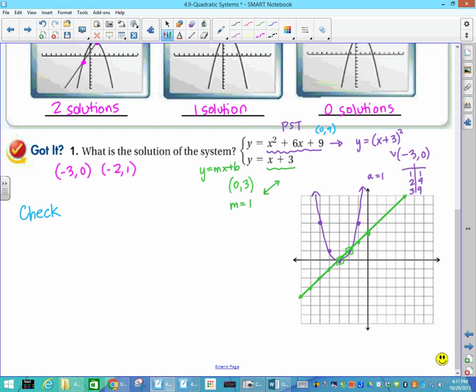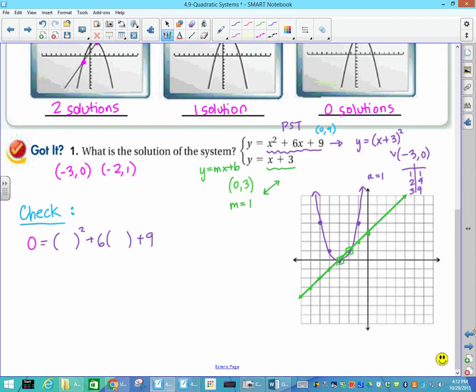Okay, so when we check it, I hope y'all remember, we've got to put each of these into both equations. So to do that first one, I'm going to plug in for y and x. So y for this first point, y is 0, equals x squared plus 6 times x plus 9.